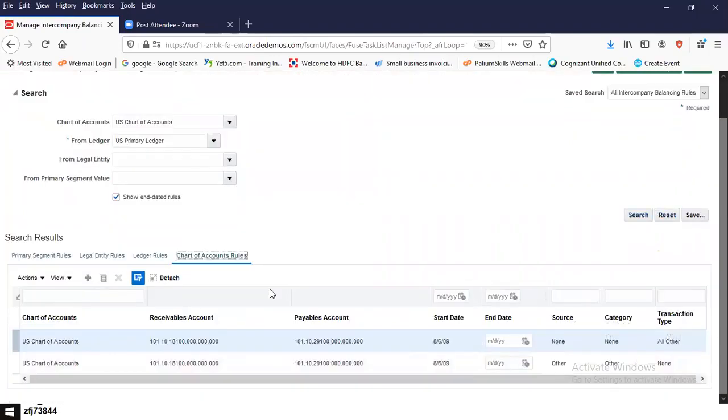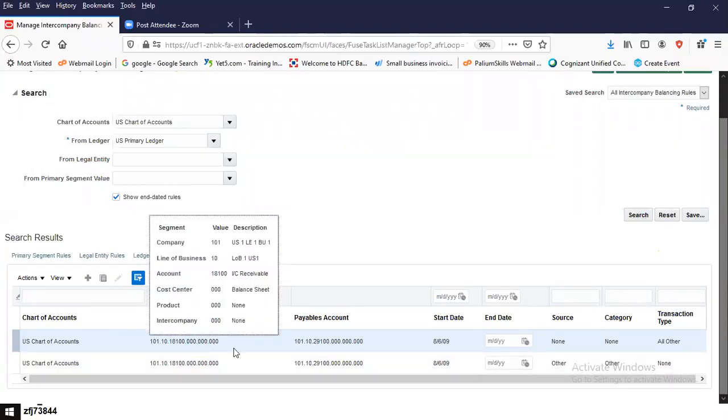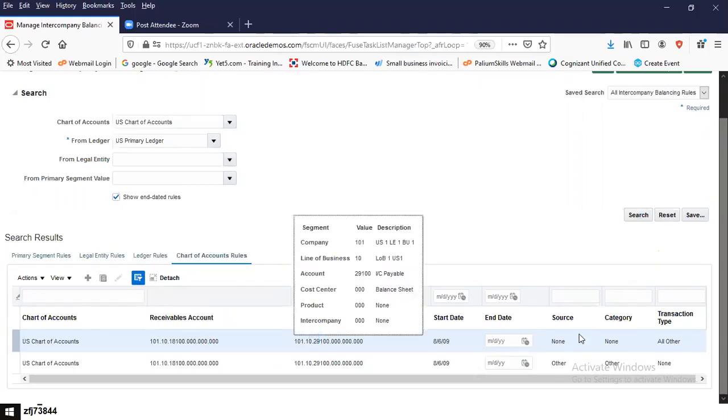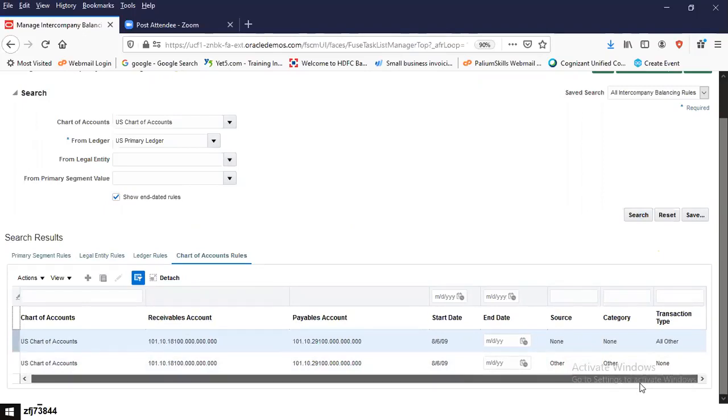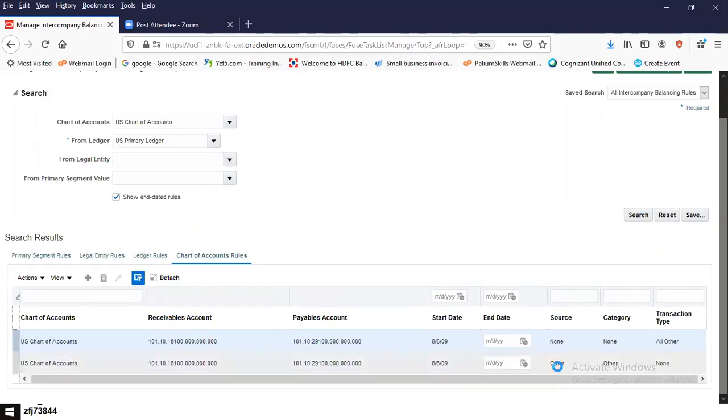See here, there is a rule that has been specified. The chart of accounts is this. This is the receivables account, this could be the intercompany receivables account, and this is the intercompany payables account. And what is the source? In this particular source, it's not specific to any source, and in this particular case it will look for others.